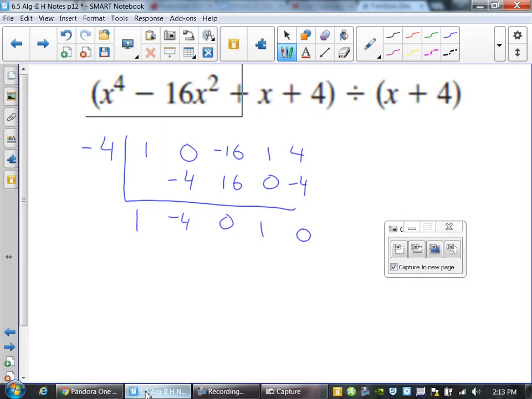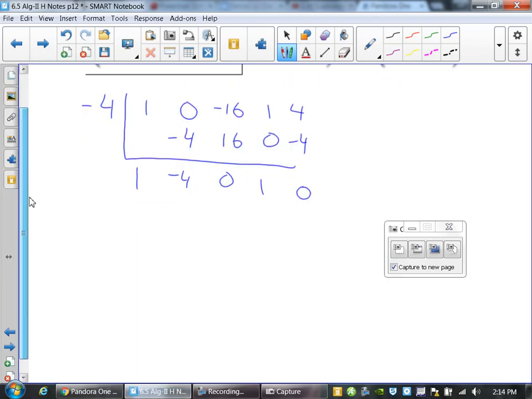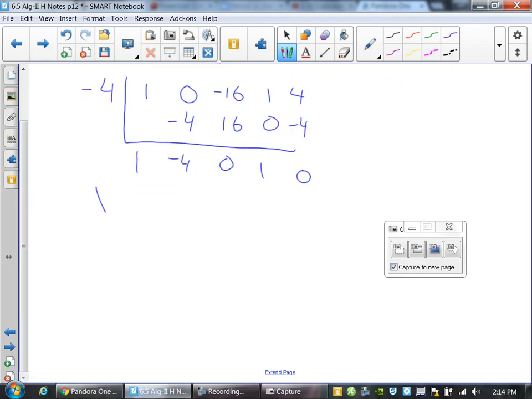So on a quiz, when it says to factor, we can still factor it further. Do you want us to factor it further? I'm getting to that. What you probably see right now is that you've got x plus 4, then x cubed minus 4x squared plus 1.